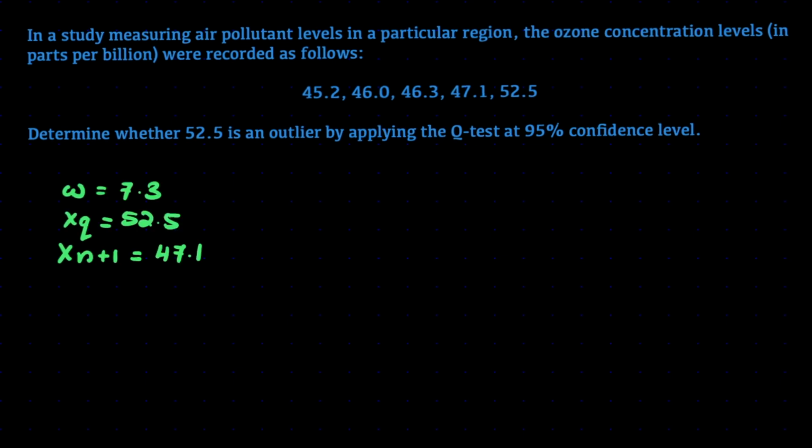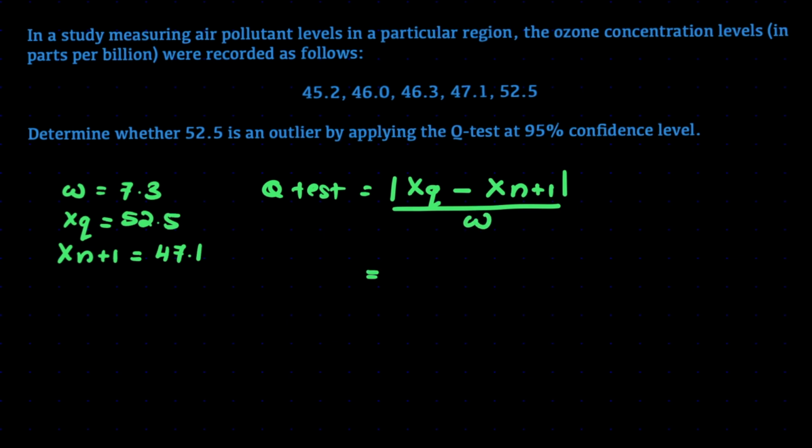Okay, now we are going to calculate the Q-test. The Q-test is equivalent to your outlier minus the next number nearest to your outlier, taken as a modulus, divided by your range.